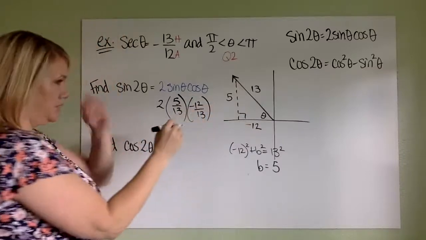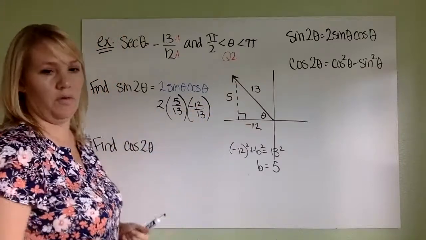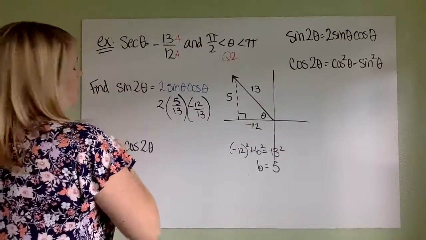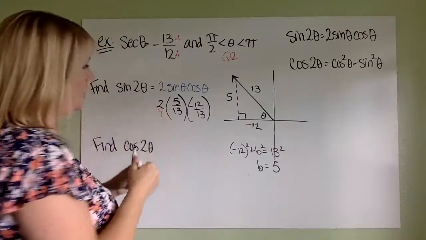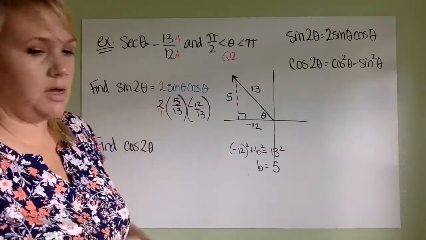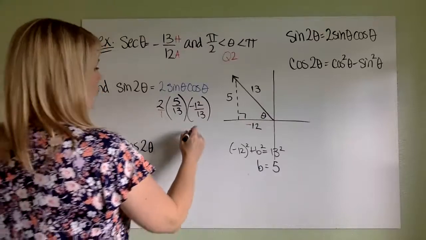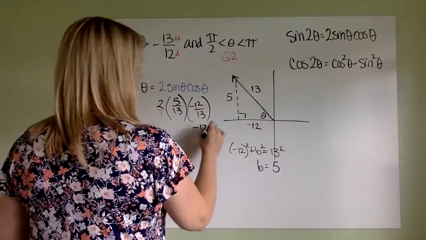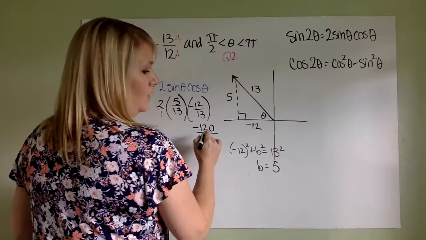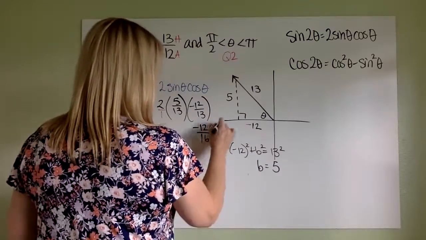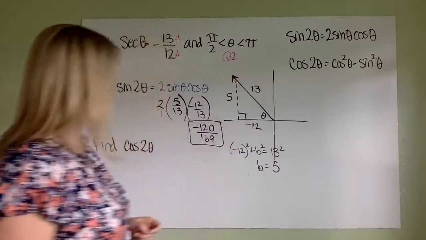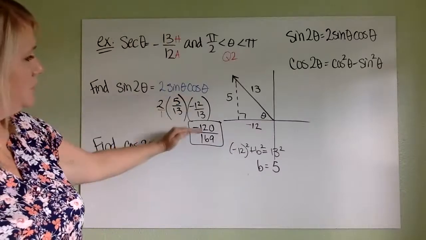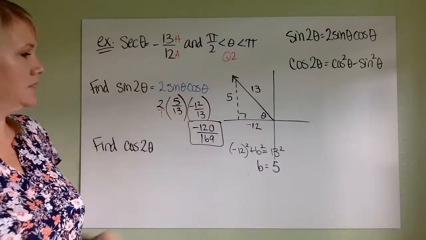And so multiplying straight across, this is a 2 over 1. If I multiply straight across the top and straight across the bottom, I get 120 over 169. Sorry, having trouble speaking today. So 2 times 5 times 12 is 120. 13 times 13 is 169.